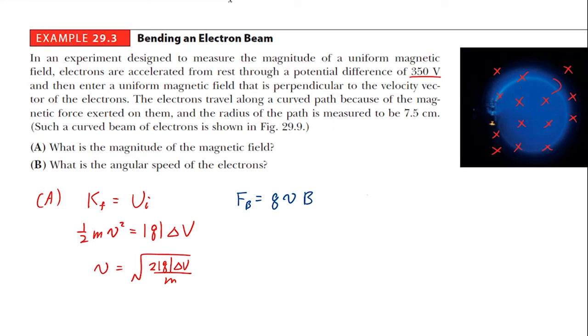Okay, now, of course, centripetal force is still mv squared over r. And they can measure the radius of this thing. Good. Now we equate the two as always.